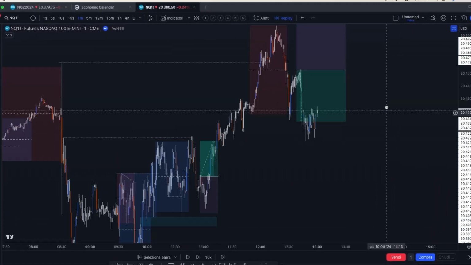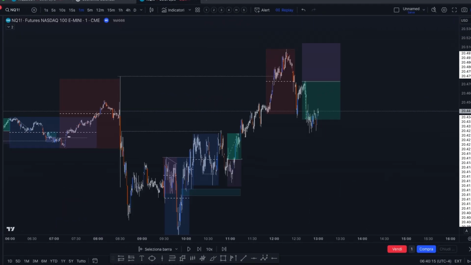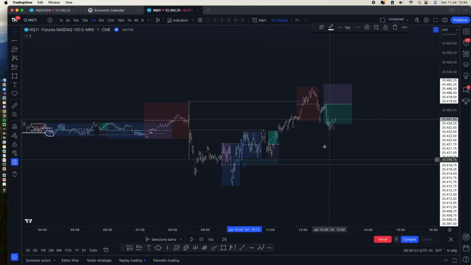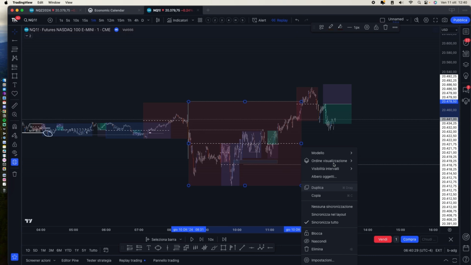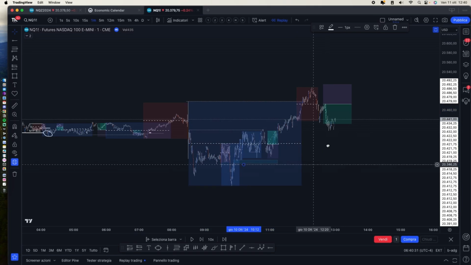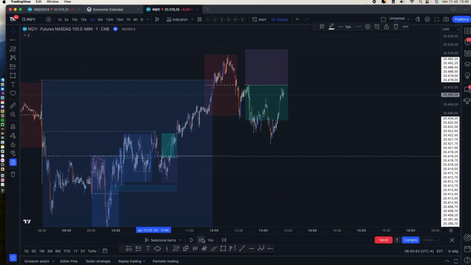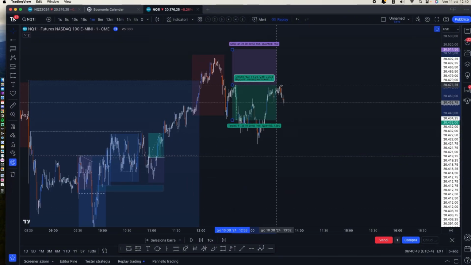We have two manipulations. So I suppose that price is probably going to reach the zone, or sorry, the 50% of the zone at least, which was here.